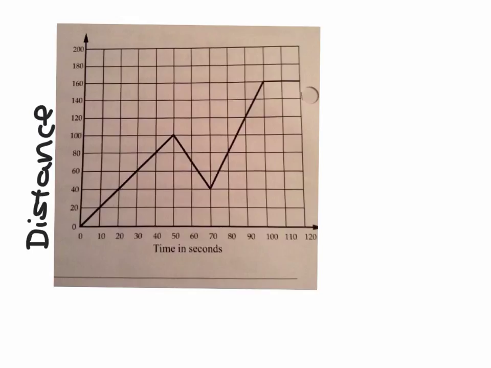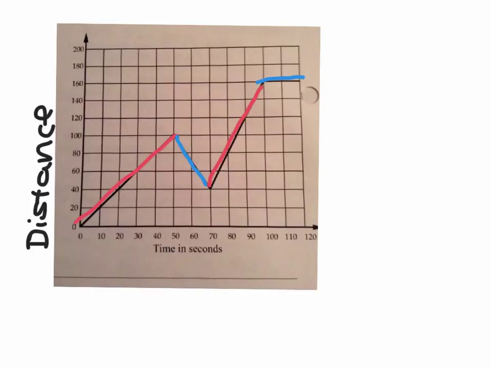So let's go ahead and separate this. Okay, this is our first section. And then this is our second one because we've changed direction. Okay, so if you change direction or you change steepness, this is our third section, and this is our fourth section. So we have to address all of them.